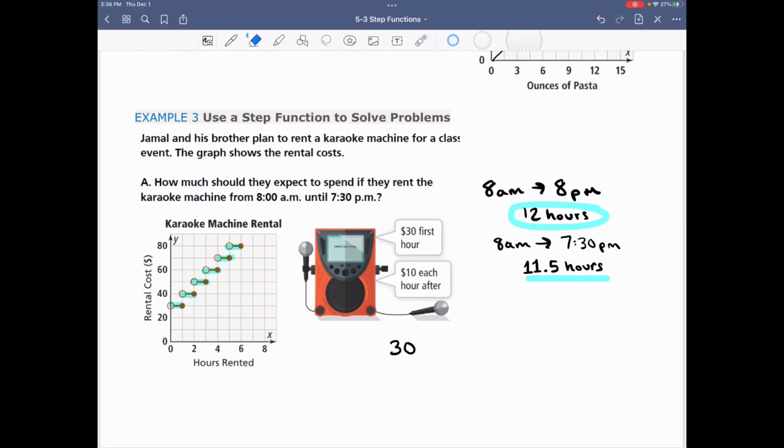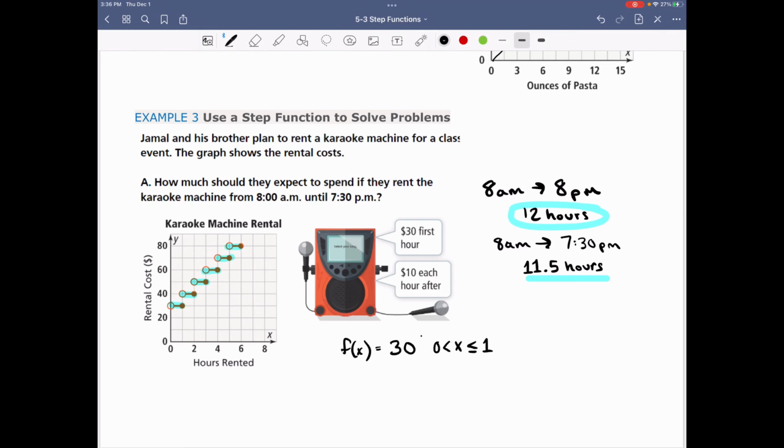So I think we'll write this as 2 functions. Maybe I should have done that on the last problem. So it's $30 for the first hour. So f of x equals 30 when x is less than or equal to 1, but greater than 0.